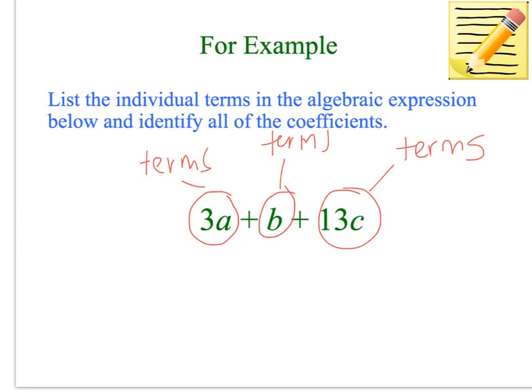Now, within those terms, you have the variables or pronumerals, and you have the coefficients. The coefficients are the numbers here. So the number 3 is a coefficient, and the number 13 is also a coefficient.